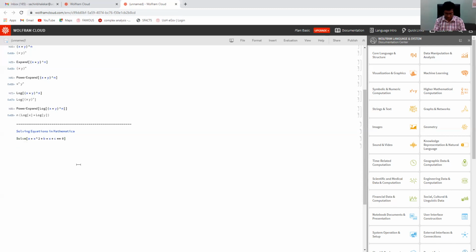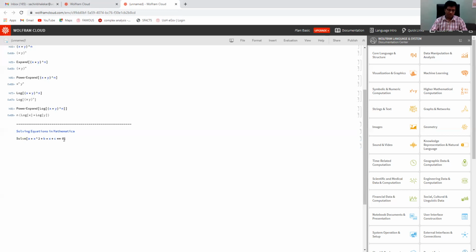If I am writing a equal to 4, then it means I am assigning the value 4 to a. If I am writing a double equal to 4, then it means I am checking whether a equal to 4 or not. That is a test. If I am using Solve or NSolve, then in that equation I need the double equal to. This is the syntax in Mathematica.